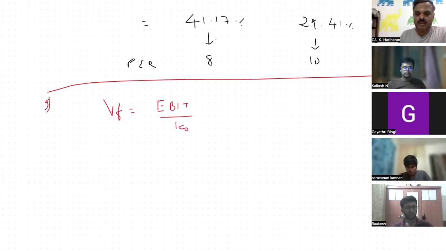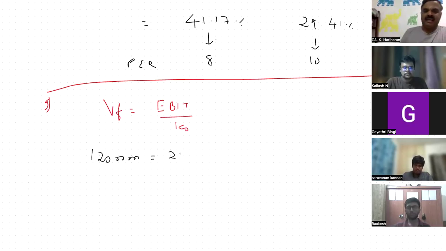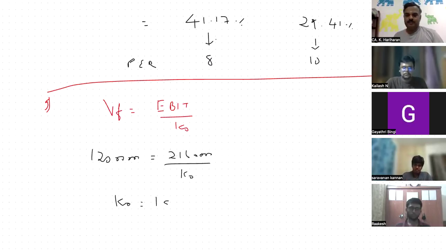So you can compute the KO. What is the answer for KO? 18%. We got 18% as the KO. KO represents what? Weighted average cost of capital. Am I right? Yes, sir.